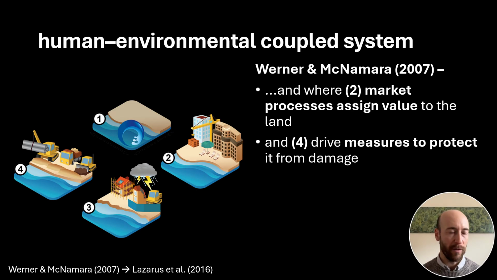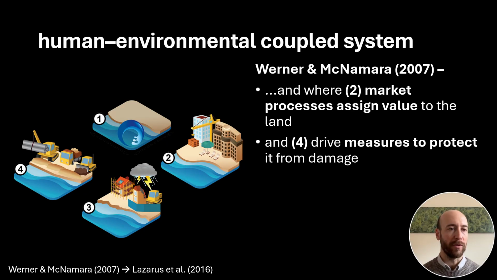That is going to drive what we see in part 4 of this little cycle, which is that after that gets damaged by some natural process, a coastal storm, a hurricane strike, whatever this coastal environment is naturally subject to, those market forces are going to drive measures to protect it from damage.